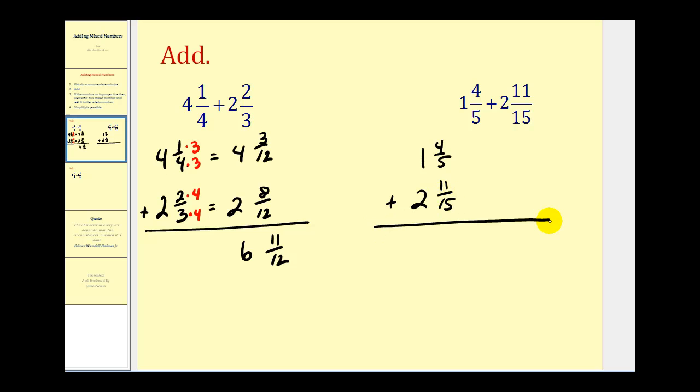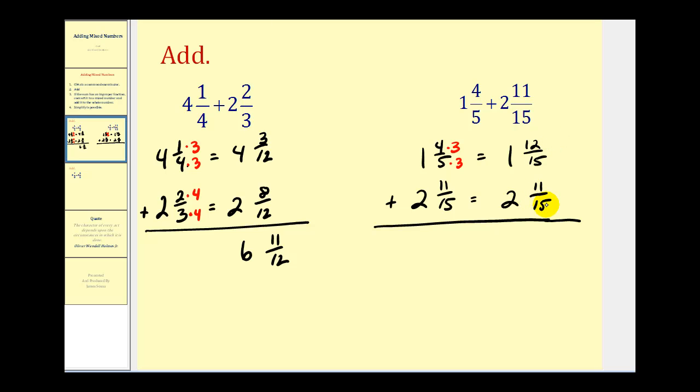So the first thing we should notice is we do not have a common denominator, but we could convert this to 15ths by multiplying both the top and bottom by 3, and then we would have a common denominator. So we'll start by doing that. This is going to give us 1 12/15. We're going to leave this fraction the same, 2 11/15.